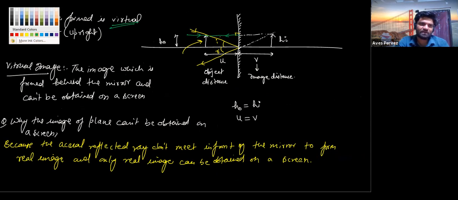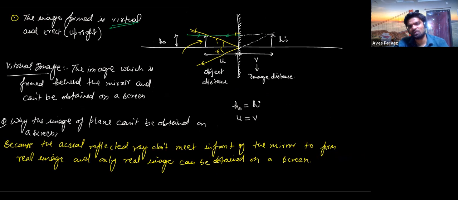If I'm saying that an object is forming a virtual image, it means that image is not real. For example, if I have an object placed at a distance of 5 centimeters in front of a plane mirror, its image will be formed behind the mirror at a distance of 5 centimeters from the mirror. But I have a mirror with a thickness of 5 mm only.